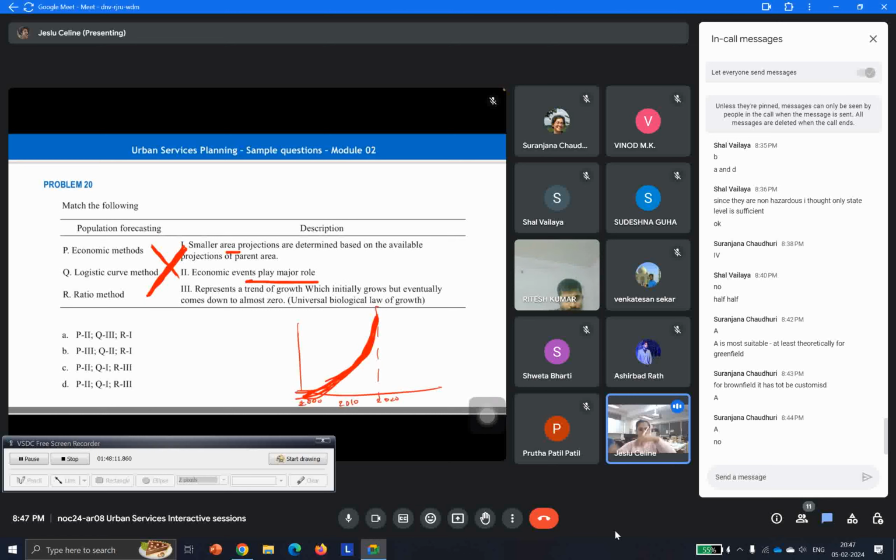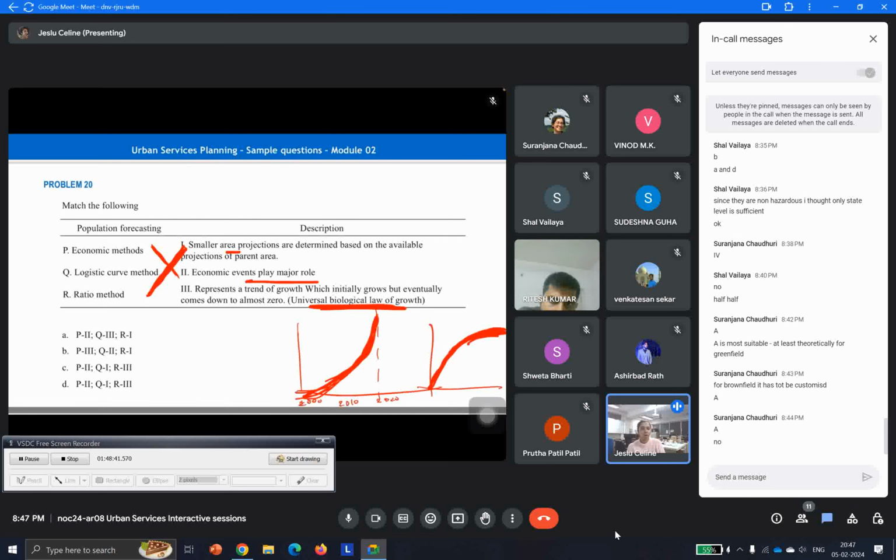The logistic curve method is completely opposite of this, where after a point, it doesn't grow or it reaches a saturation level. So the growth comes down, the logistic curve comes down, and then after a point, it doesn't. So the universal biological law states that it initially grows at a very high rate, and after that, it reaches a saturation level.